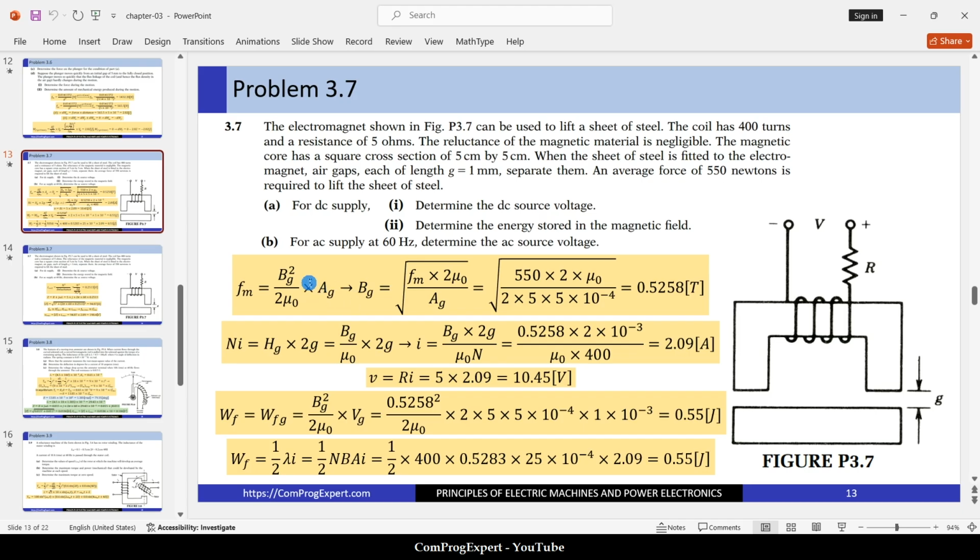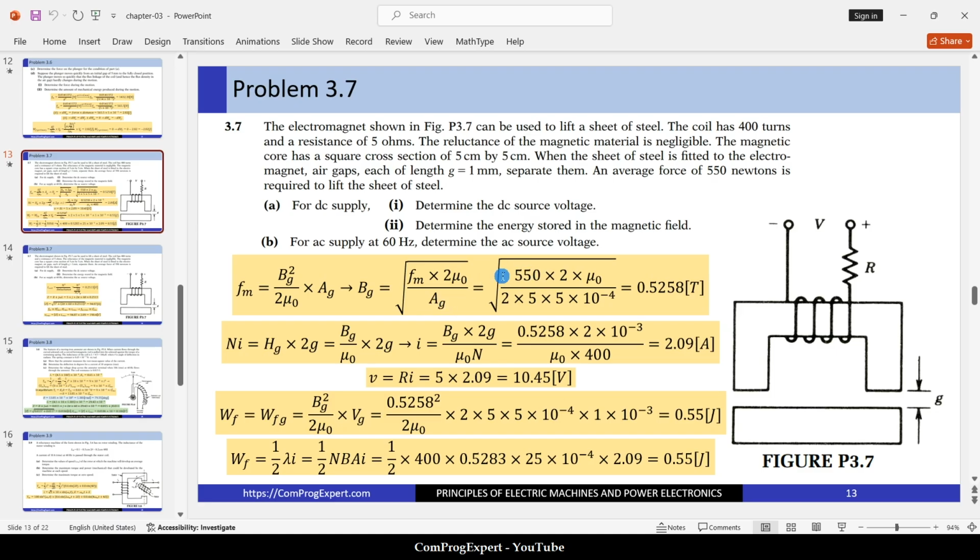So this is the cross section area for two air gaps. Okay, according to this equation, the value of the B gap is equal to the square root of force times 2 times mu 0 divided by the total area of the air gap, the cross section area.